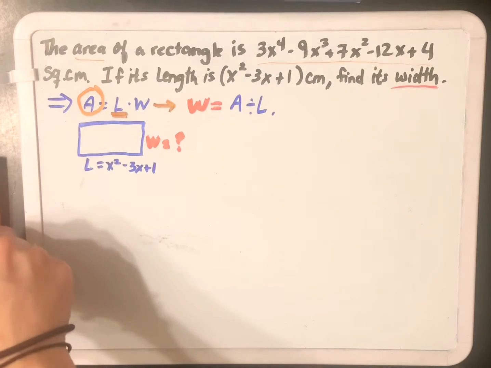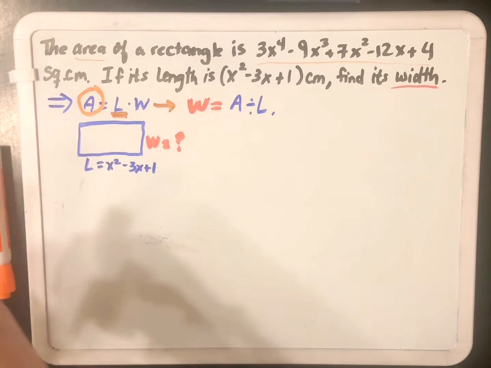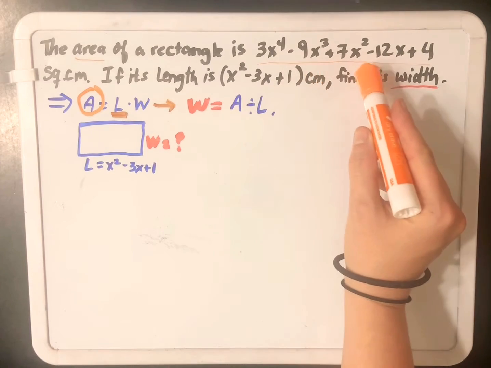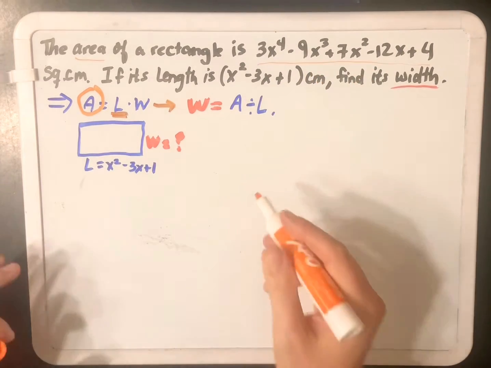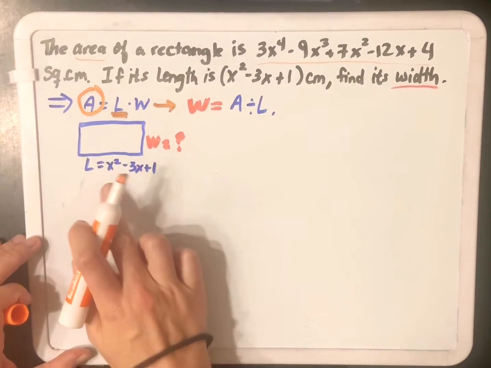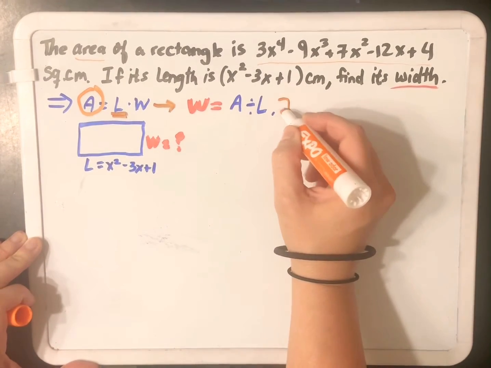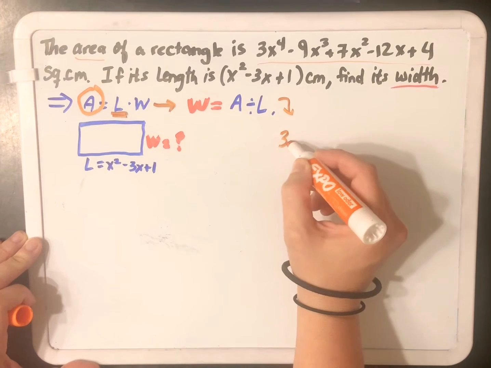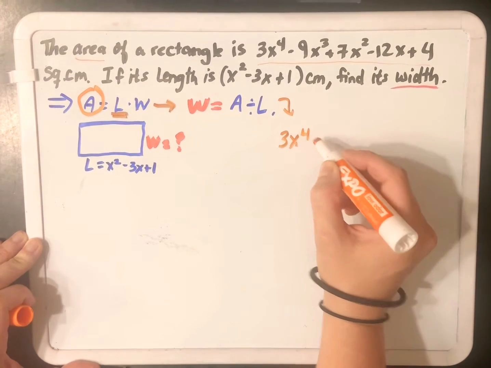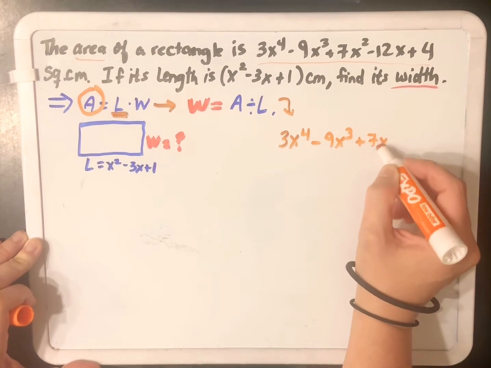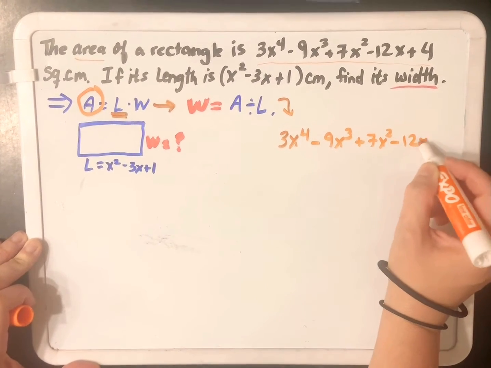We're going to take our original area, which was given to us as 3x to the fourth power minus 9x cubed plus 7x squared minus 12x plus 4, and divide that by the length, which is a trinomial. So we will need long division here. Let's do that. We're taking 3x to the fourth minus 9x to the third plus 7x squared minus 12x plus 4.